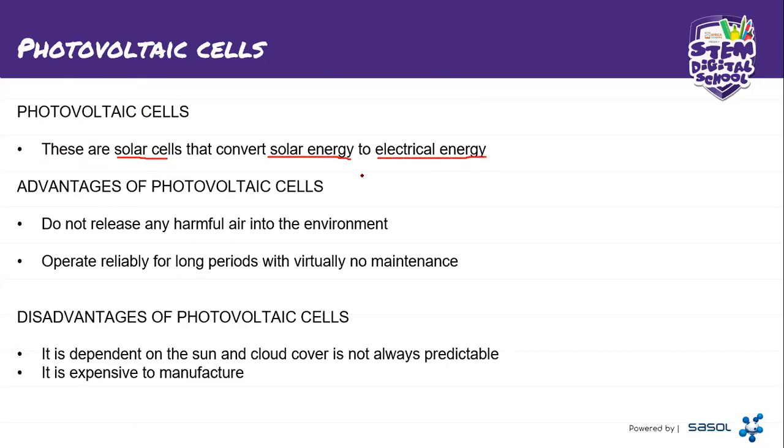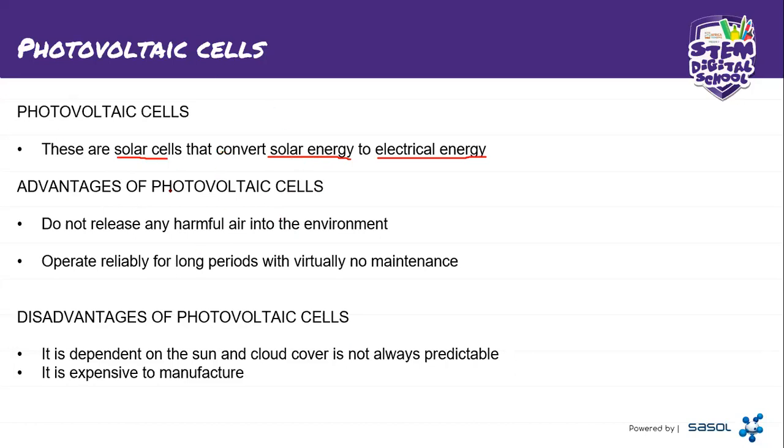Remember that it's very important for you to know that, because these solar panels absorb the energy from the sun, which we call solar energy, and they convert that to electrical energy. And that electrical energy can be used at home for various appliances.